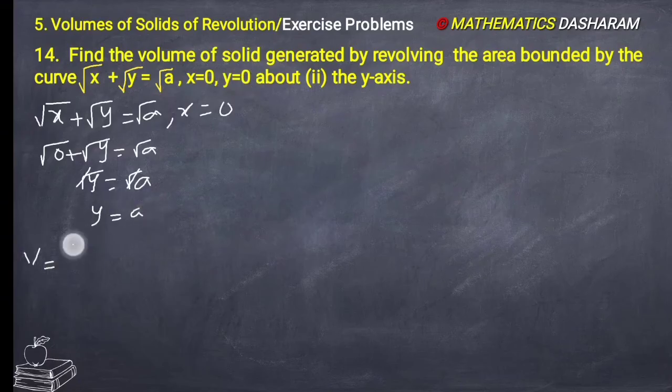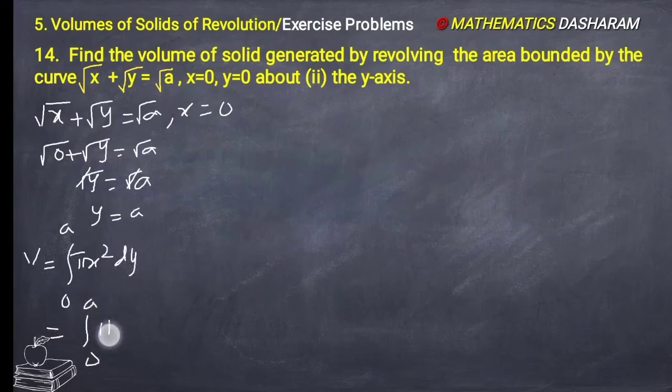So the required volume V equals the integral from 0 to a of πx² dy. See, actually the given curve is √x + √y = √a.